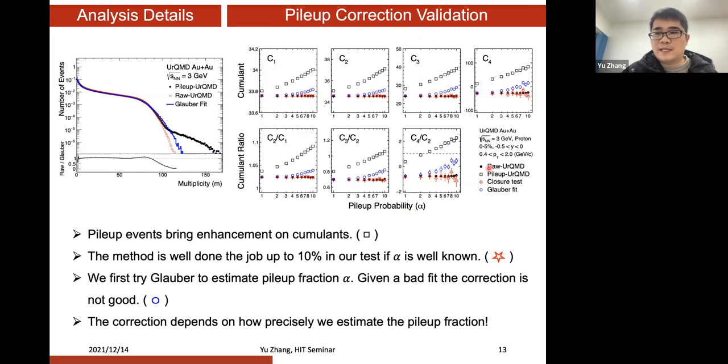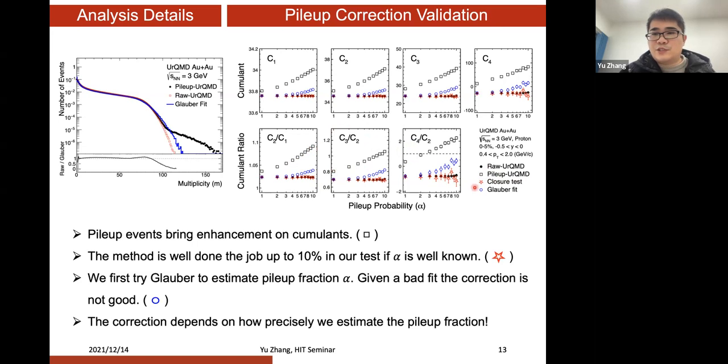The black circles are the raw UrQMD calculation, the red squares are the true value we see here, and the calculation of cumulants from the pileup UrQMD is shown as the black squares. We see that the pileup effect enhances the cumulants and the ratios.